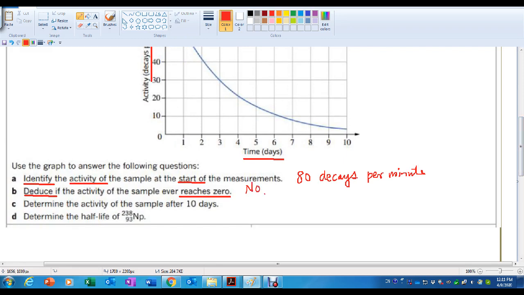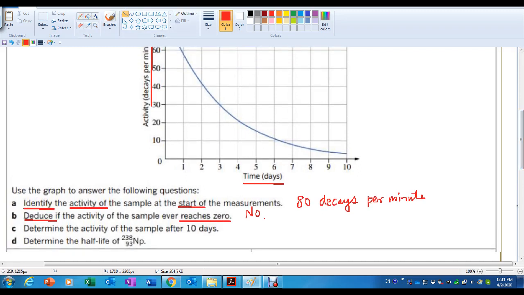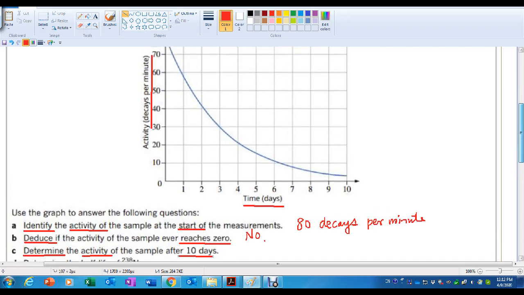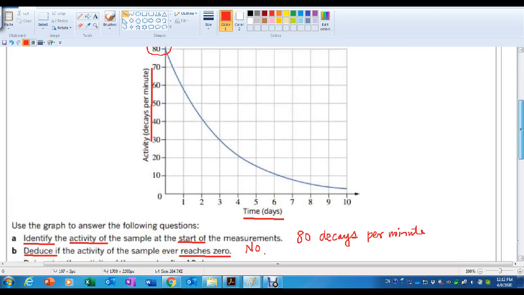Okay, determine the activity of the sample after 10 days. So how could we know about 10 days? It's here. When you draw a line over here, what number is it?